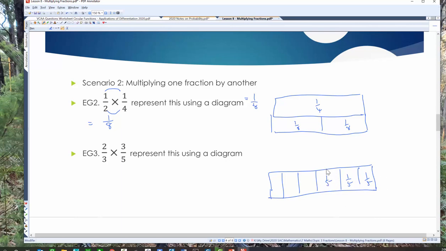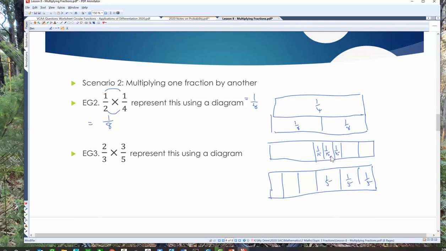So how are we going to do this with a diagram? I'm just going to draw a similar diagram up the top there. What we want is 2/3 of it. So I'm going to take this 1/5 and split it into 3 parts. That's going to be a 15th, a 15th, and a 15th. And I want 2/3 of them, 2/3 of the 3/5.